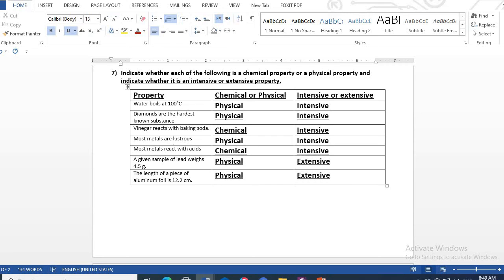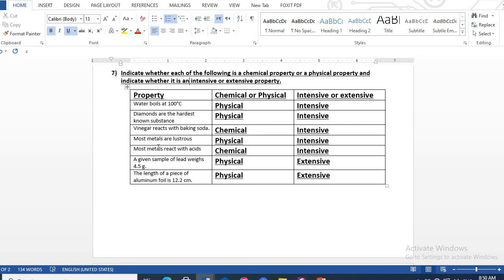Most metals are lustrous. I described that metals are lustrous, so it's a physical property, and also intensive. Most metals react with acid. When a metal reacts with acid, it gives us a new substance or a new product.